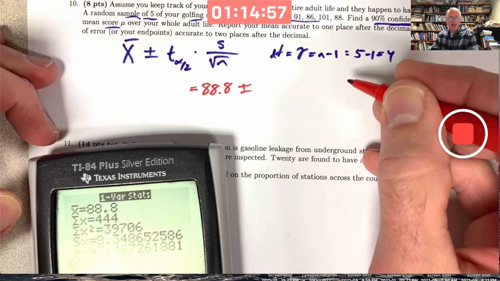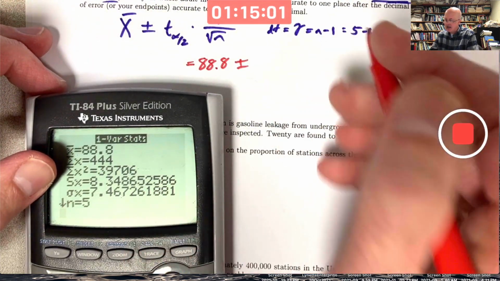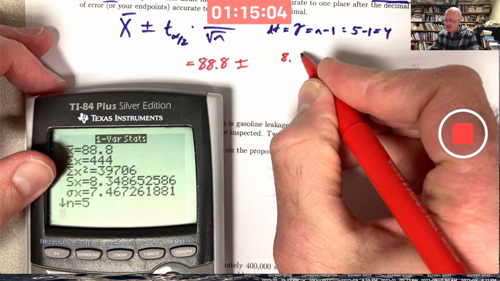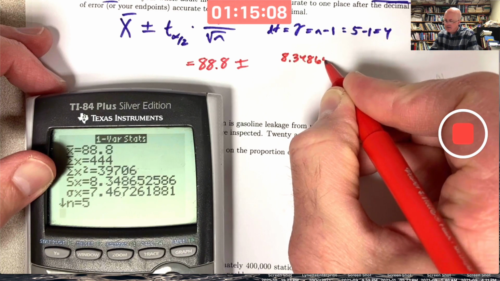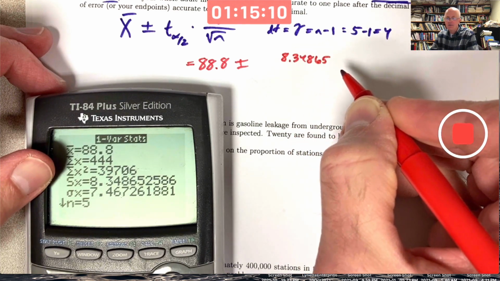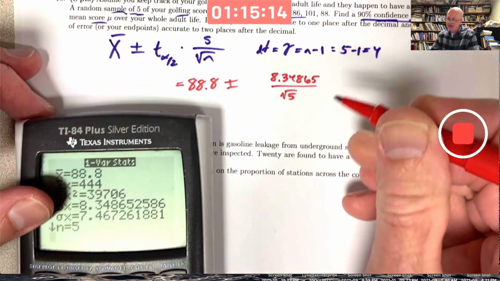We get an observed value of s to be about 8.34865. I'll use more places of accuracy than I might need just to play it safe. N is 5. What is t and what is alpha?